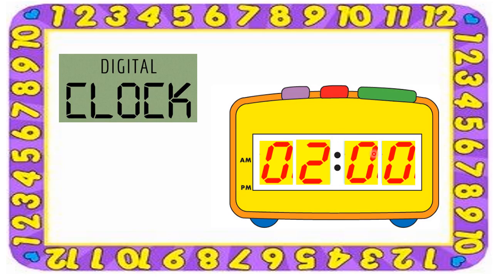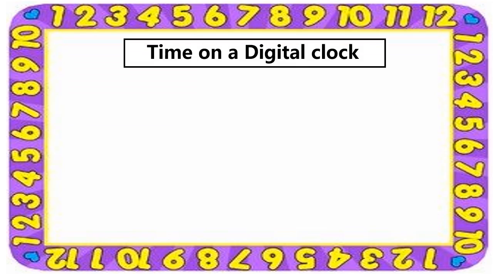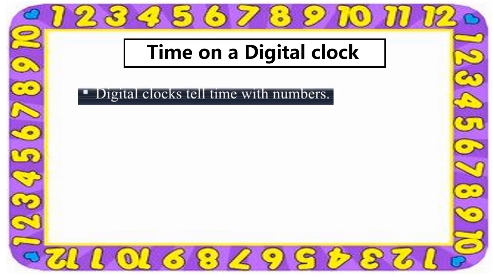Like you can see here, it's a digital clock, and you can see the time here. In this digital clock there are some numbers, there is no hand. So how can we see the time on a digital clock? Digital clocks tell us the time with numbers, not with hands.